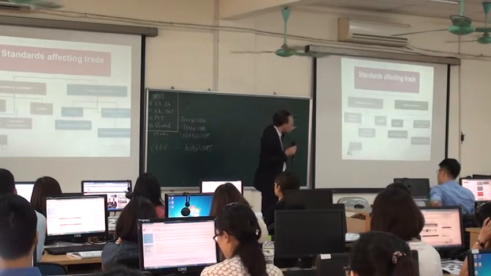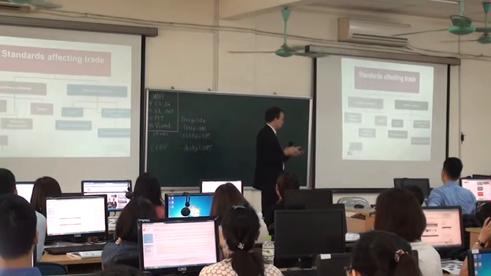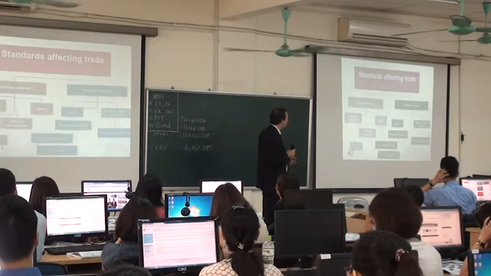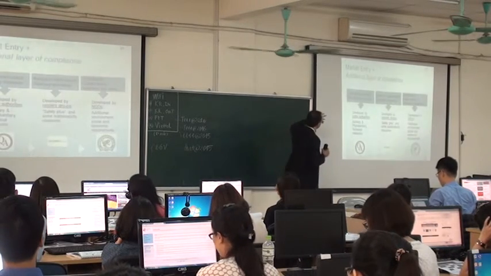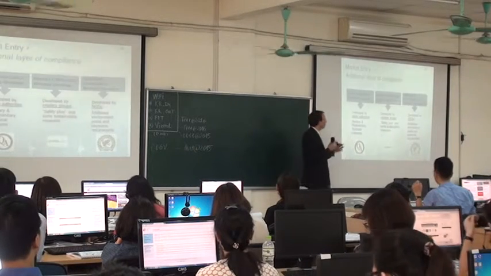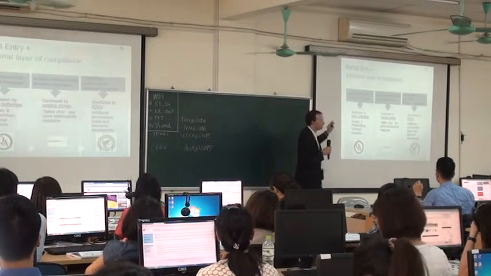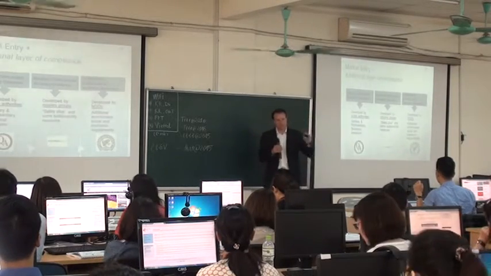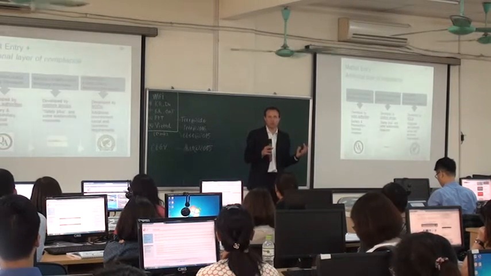Okay, so this is really the difference. It's governmental standards versus private sector or NGO standards. And this is how we can review the different standards. When you combine the market access regulations with the voluntary standards, you start being able to review the different schemes that exist. For a company that wants to export, you understand what the options are.